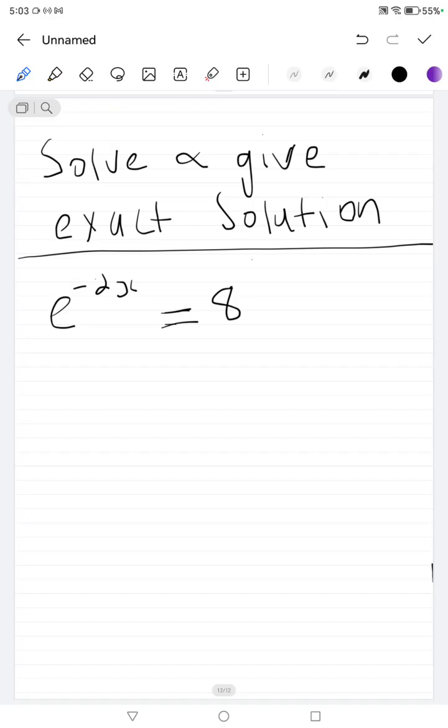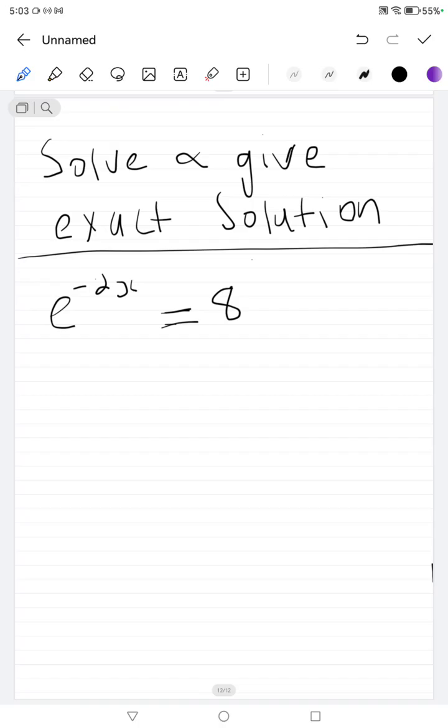Then you know that each and every time you have something like this, basically now we're just trying to solve for x. So how it works is that if you are given e and you want to get rid of e, you introduce your ln. And if you have your ln, you want to get rid of ln, you introduce your e.